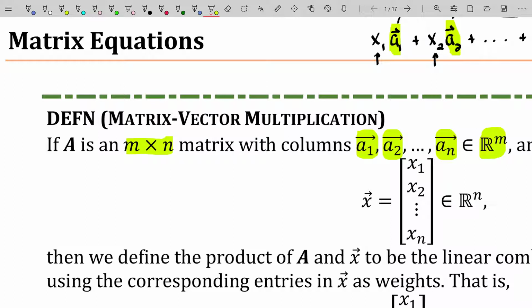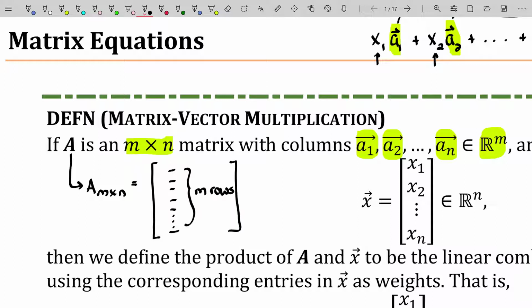Well, remember, A is an m by n matrix, which means that it has m rows. There are m of these rows. So each column vector had better have m entries. And that's why each column vector belongs to Rm.